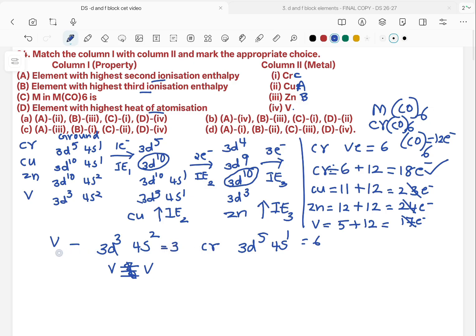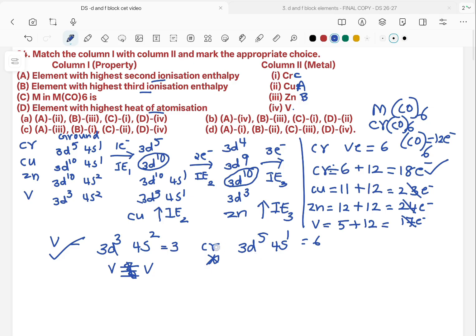Still, vanadium has more heat of atomization compared to chromium, which has comparatively less. Why? Because these 3d5 4s1 electrons are strongly held by the nucleus, as they are symmetrical, completely half-filled degenerate orbitals. They are held tightly by the nucleus. They are not easily available for interatomic metallic bonding.